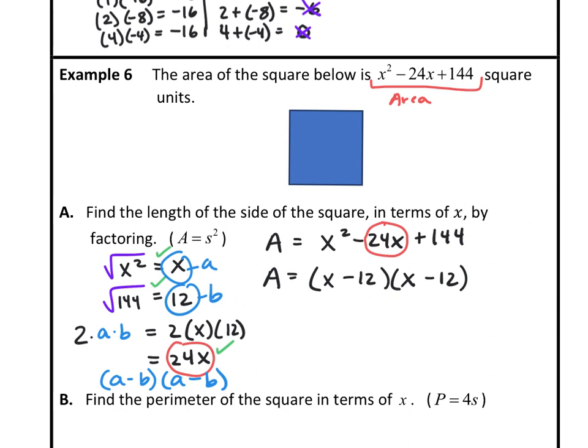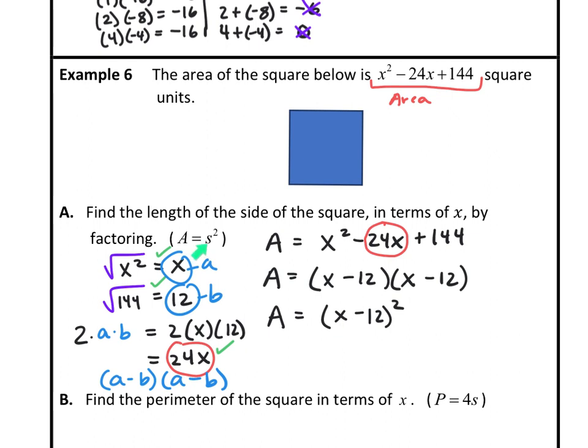So remember, in a square, both sides are the same length, right? And remember that we can write this x minus 12 in the following way. Right? Area is equal to x minus 12 to the second power.